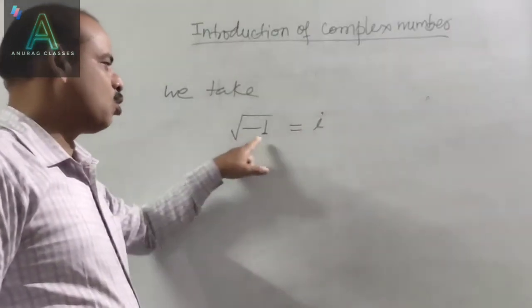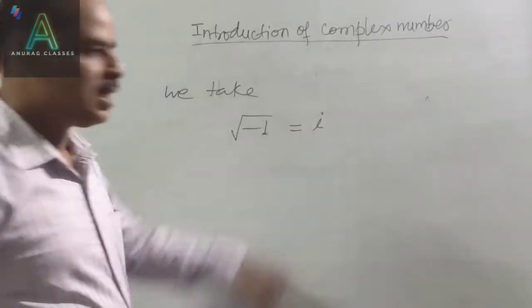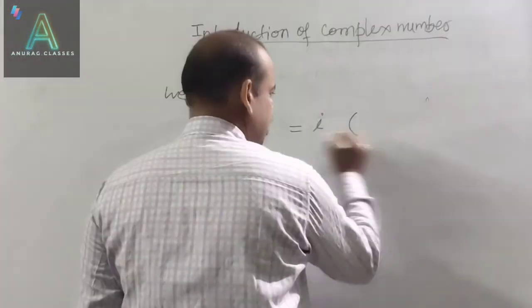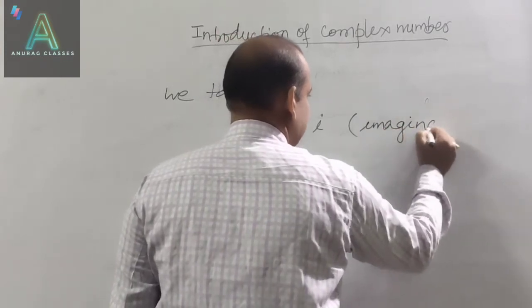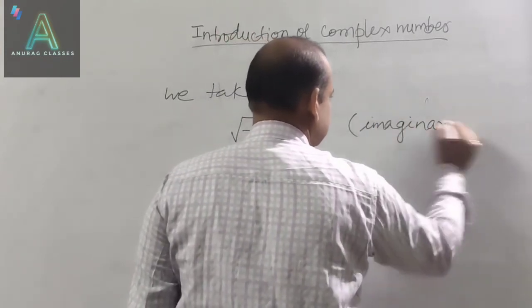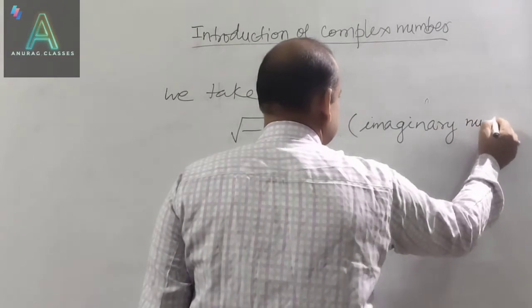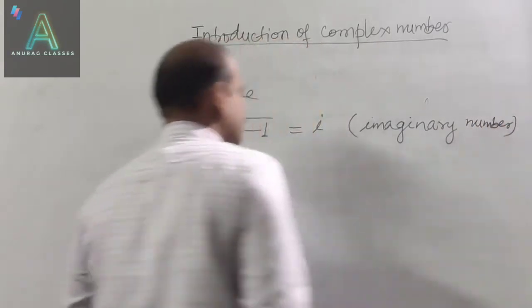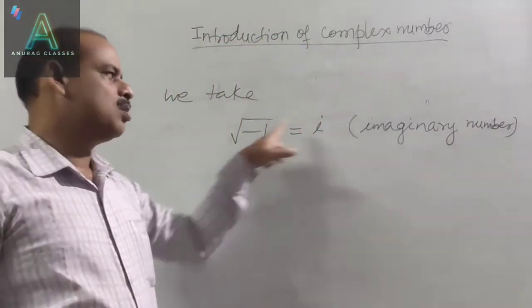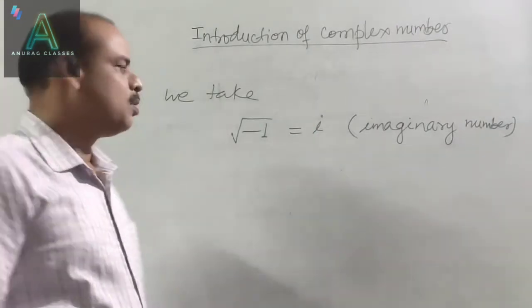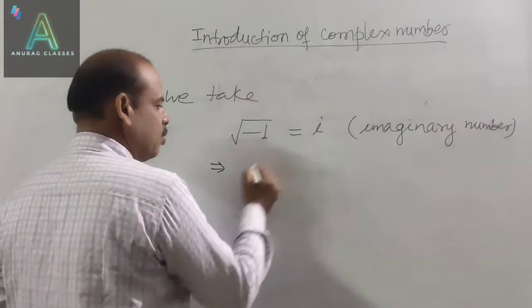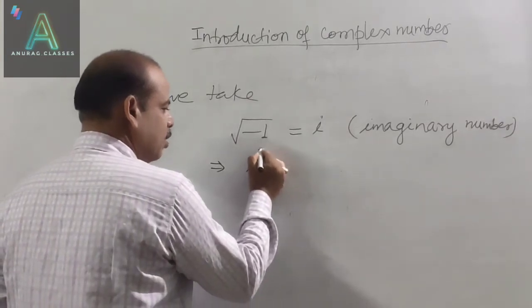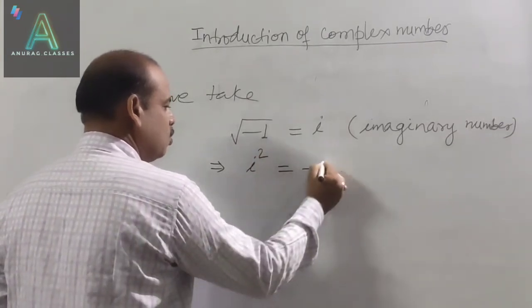So the square root of minus 1 is taken as iota, where iota is not real. It is an imaginary number. So if we write the square root of minus 1 is iota, it means iota square is equal to minus 1.